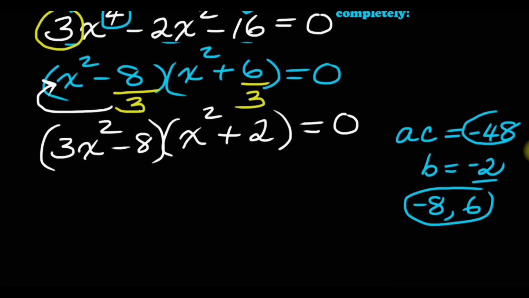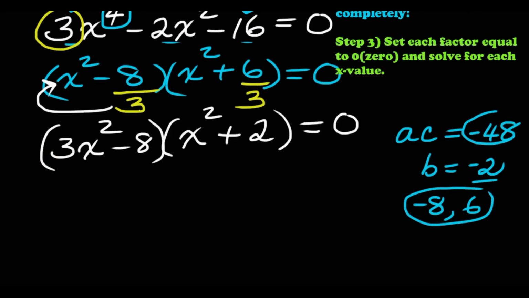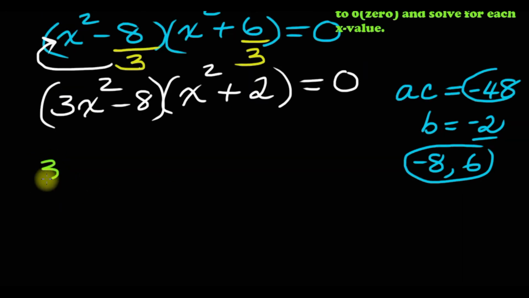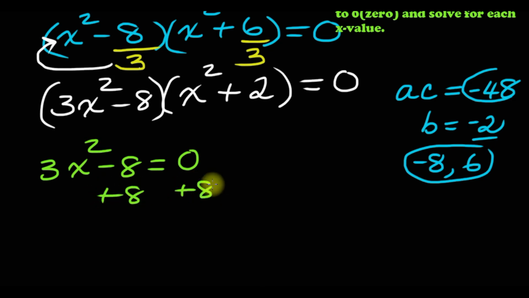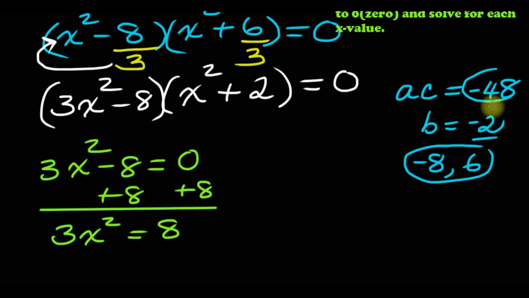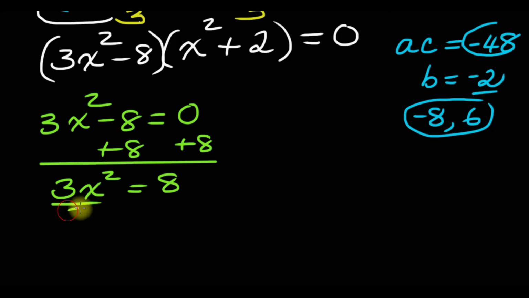And then the last thing we have to do is to set each factor equals to 0 and then solve for x. So the first factor is 3x squared take away 8 is 0, plus 8. Okay, so this is 3x squared equals to positive 8. And then divide by 3.